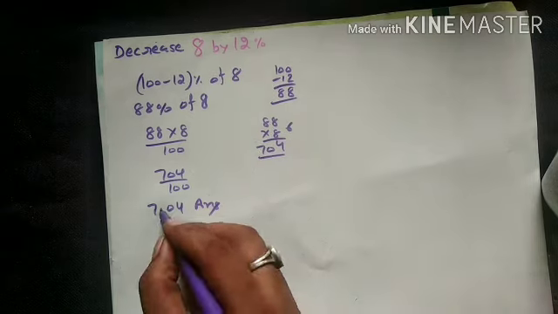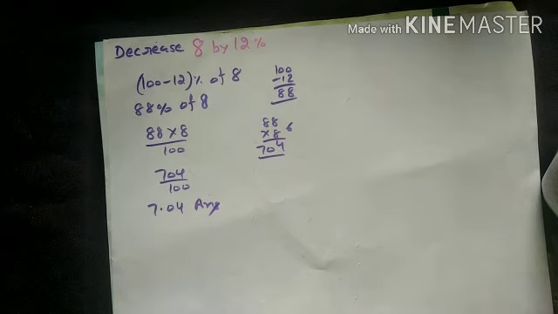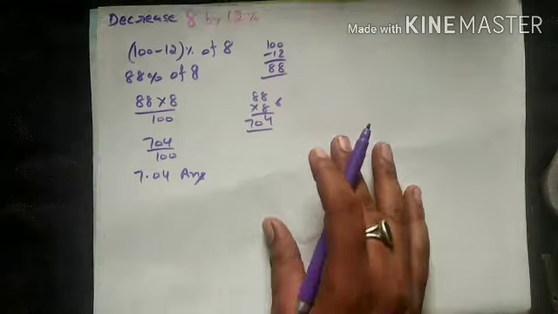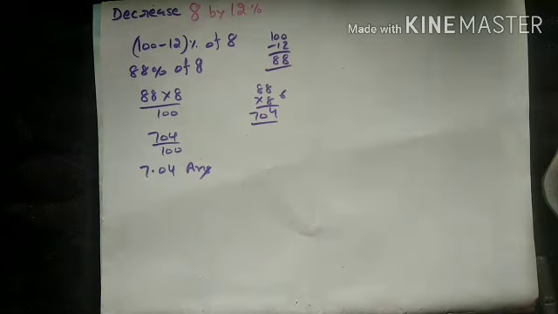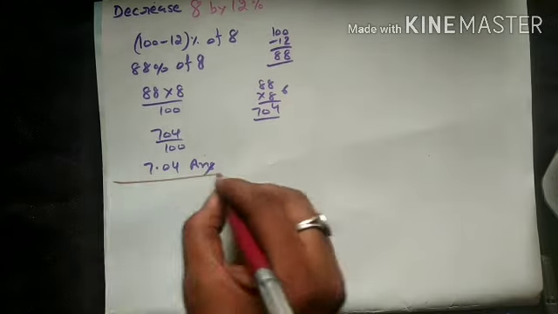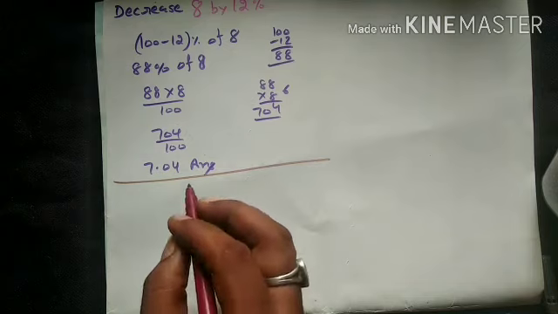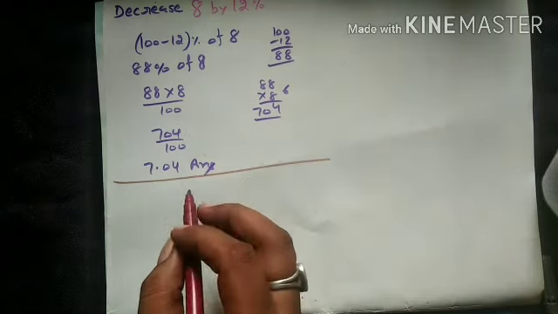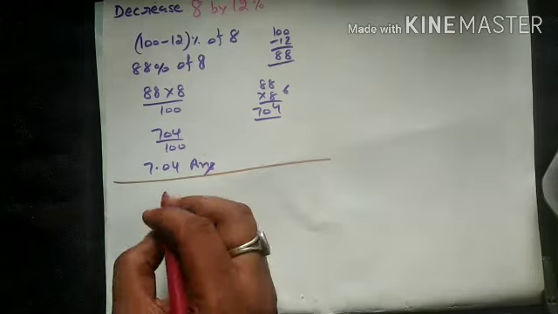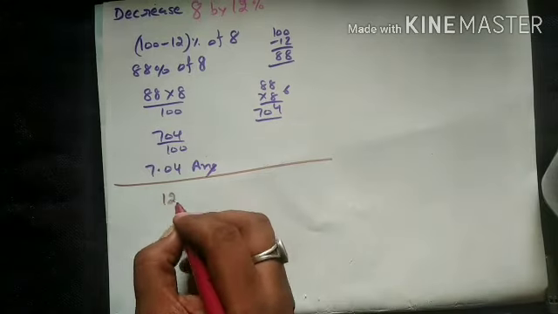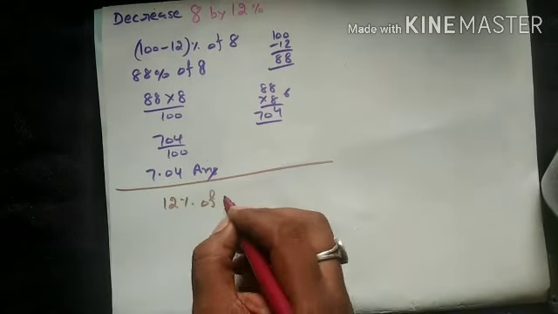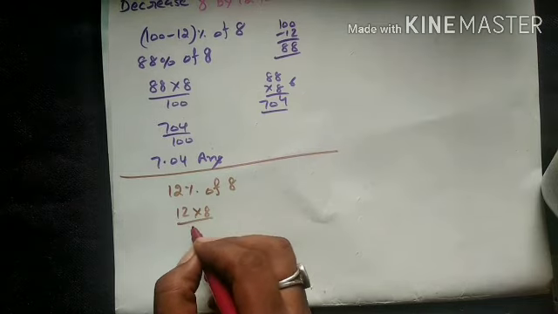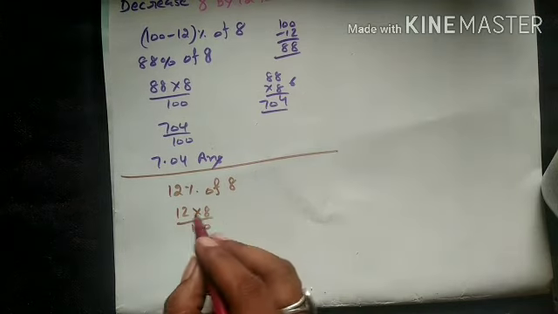Okay student, now this was the first method. After that I am going to adopt the second method, and the second method is we have to find 12% of 8. Firstly I will find 12 multiplied by 8 over 100.